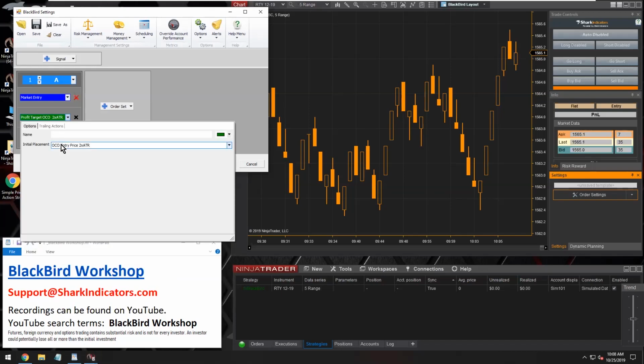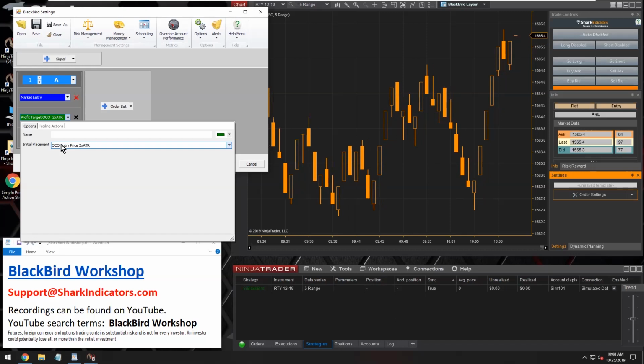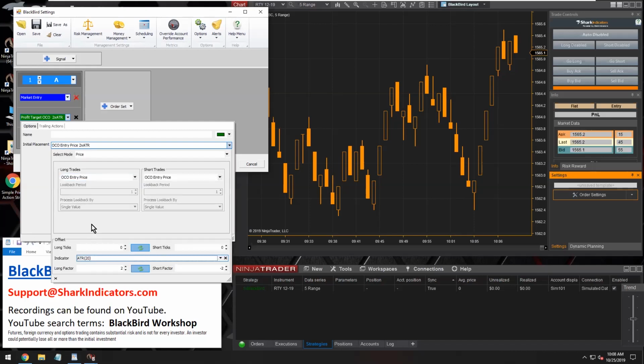If you want your profit target distance to be some ratio of your stop loss distance, then you'll need to use an indicator that works inside of the offset section here.